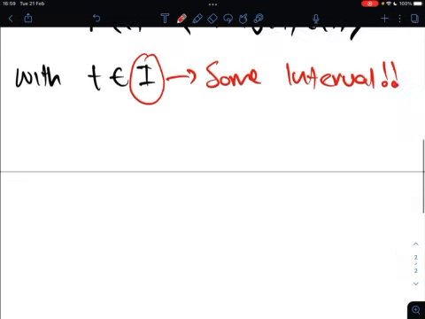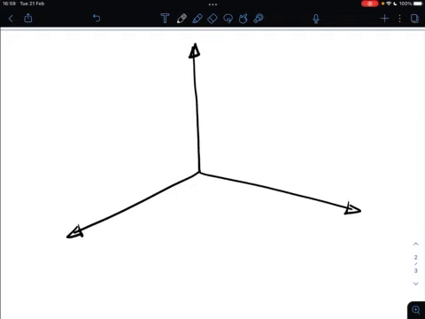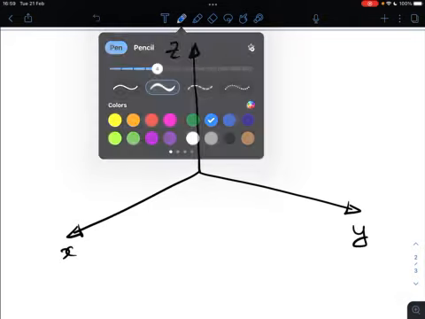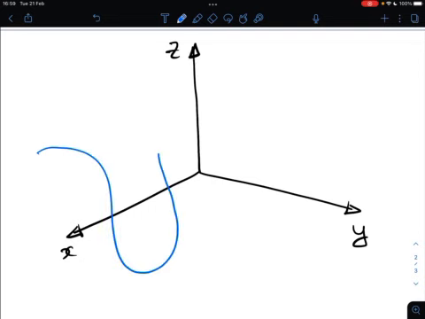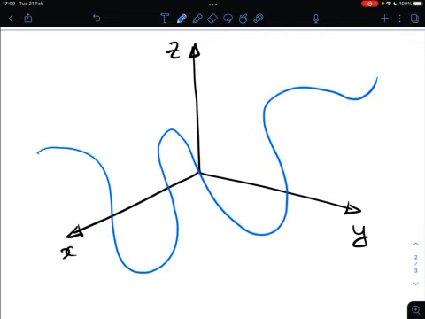So an example of a typical one in space will be something like this, where you have your x, y, z. A space curve is just a curve which goes randomly in space and flows.